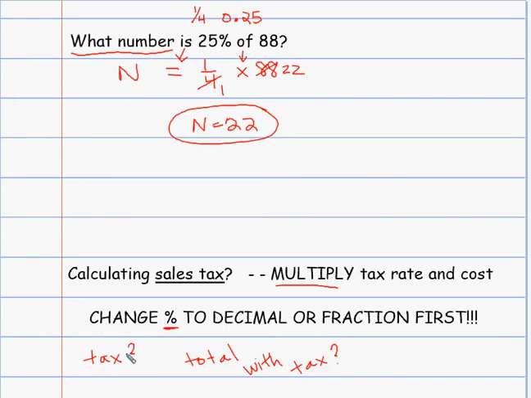Okay, this is just the tax. That's just this. Multiply the tax rate and the cost. The total with the tax is the cost plus the tax. So be very careful when you're calculating sales tax that you change the percent to a decimal or fraction, and that you answer the question that's being asked.